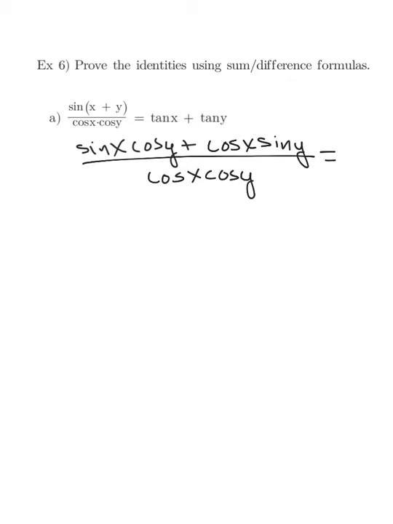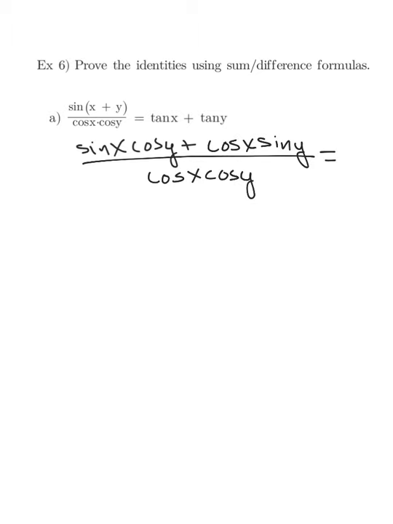The trick on this is recognizing that we can do fraction rules in reverse. If we have addition in our numerator, we can split this into two fractions that are being added together.